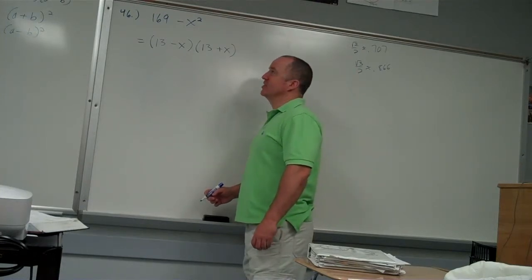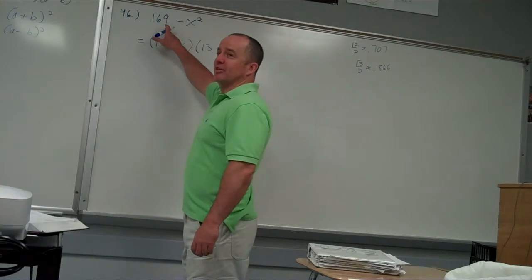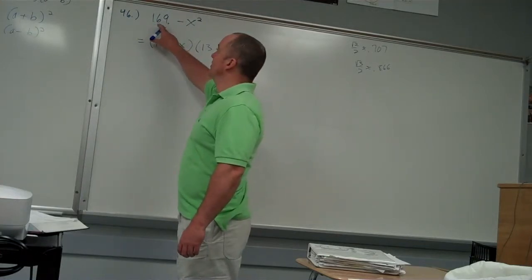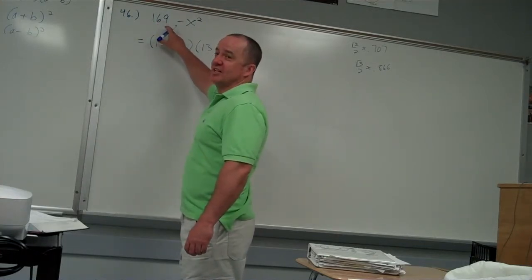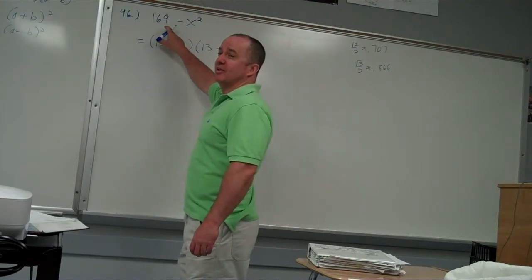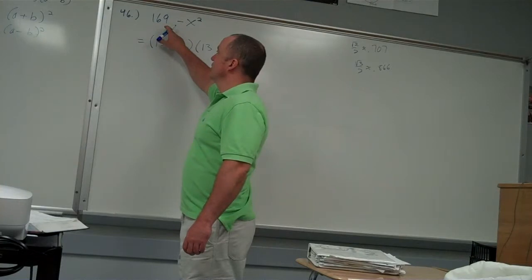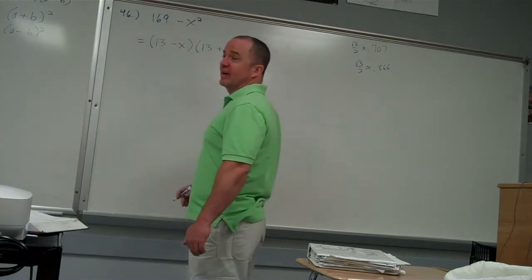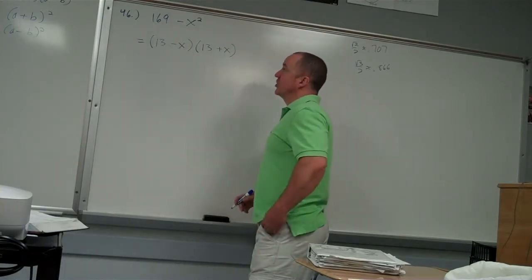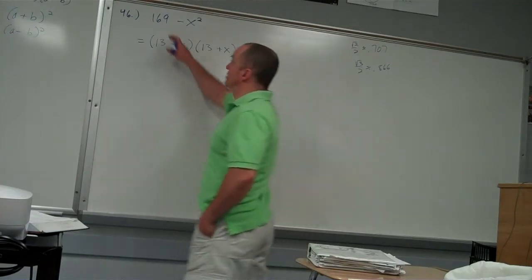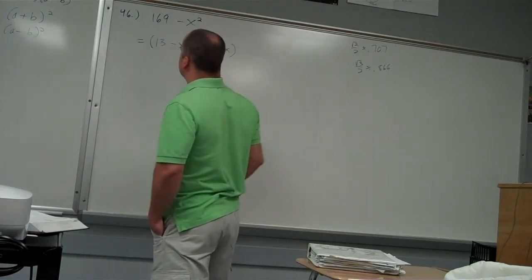But that doesn't work in this case, because 1 plus 6 is 7, plus 9 is 16, and 16 is not divisible by 3 or by 9. But you could try that. That's how you would start figuring out if you didn't have a calculator. So this is 13 minus x, 13 plus x, because 169 is 13 squared, and x is x squared.